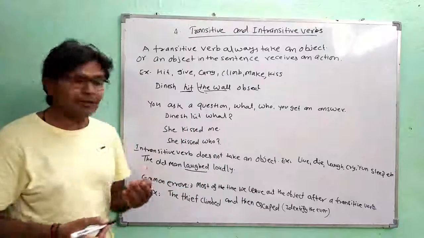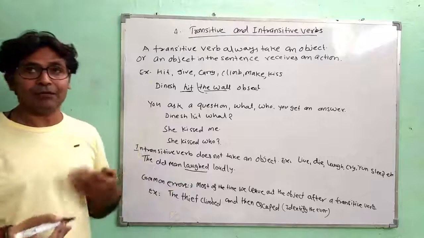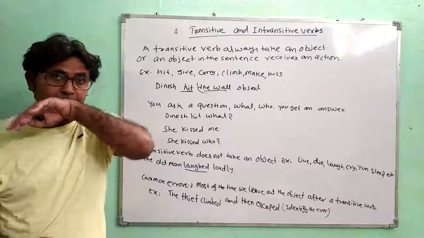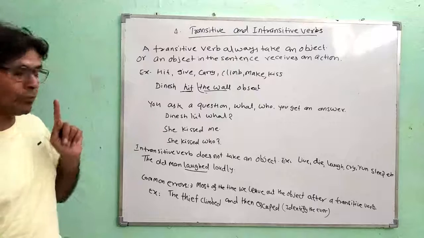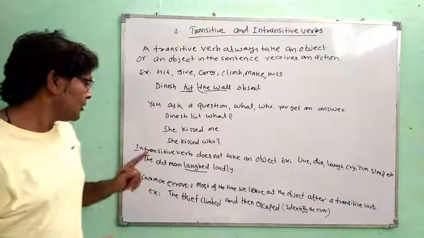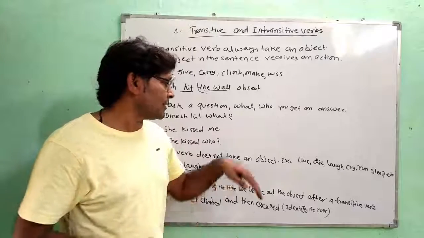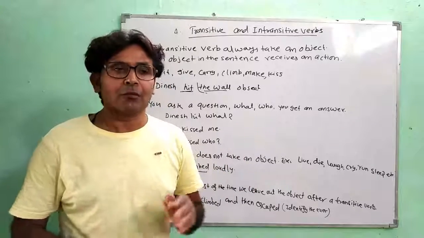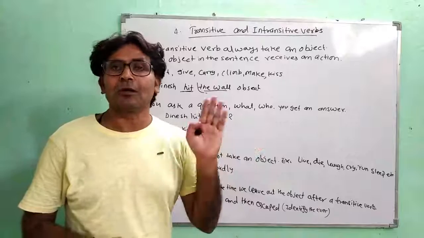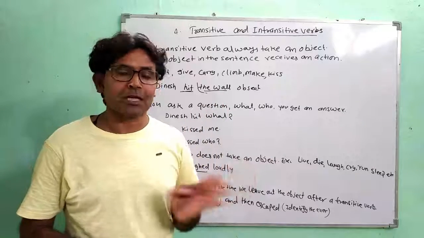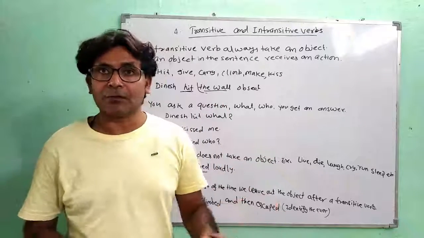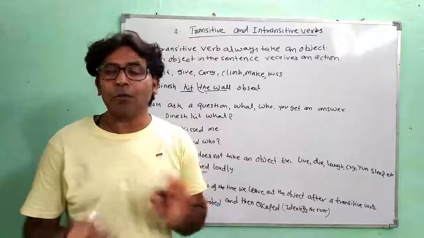What kind of common mistakes do we make while using transitive and intransitive verbs? Always remember one thing: most of the time we leave out the object after a transitive verb, which means when we write a sentence, we don't mention the object. This is a common mistake.